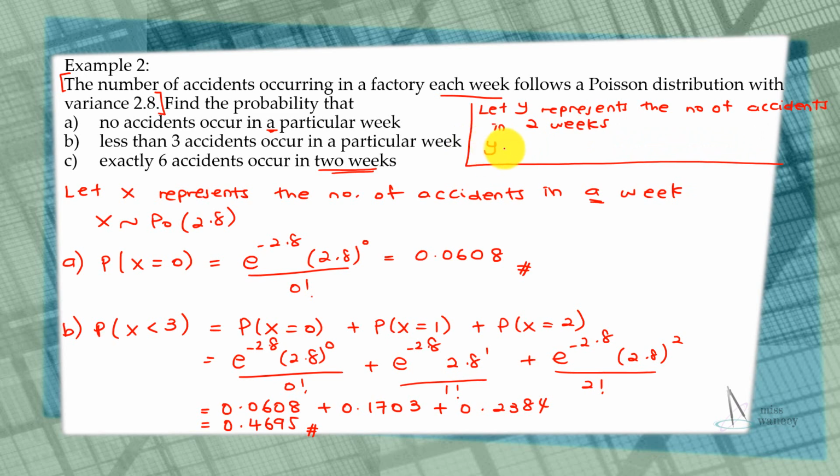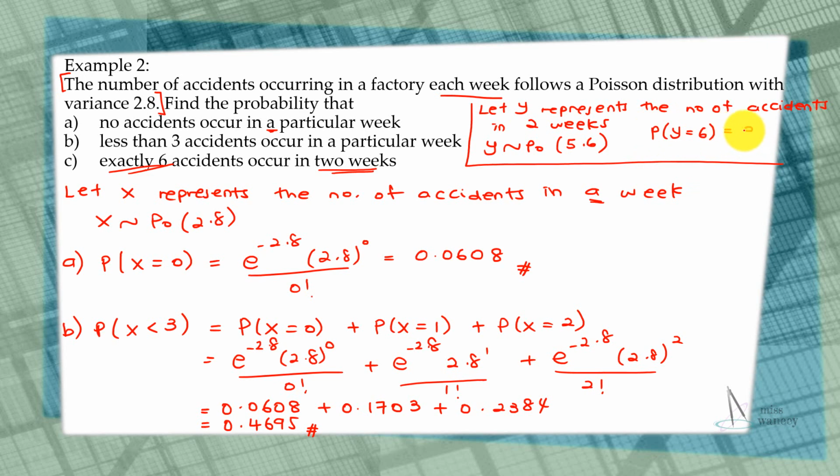Okay, so Y is a Poisson distribution. If we have 2.8 in a week, in 2 weeks we should multiply by 2. Therefore, this one should be 5.6. And then we are looking at exactly 6, so we want to calculate probability of Y equal to 6.